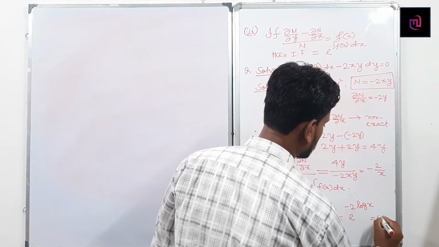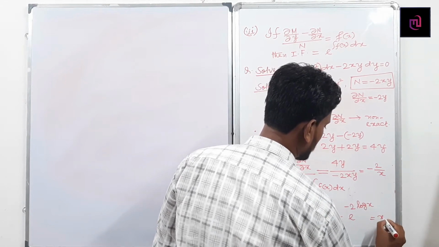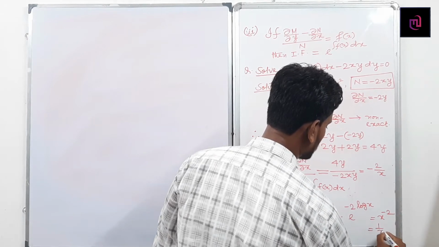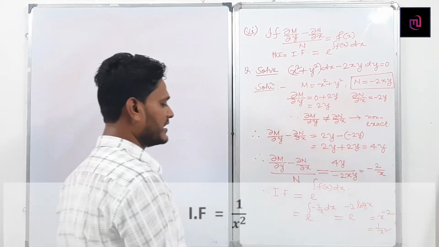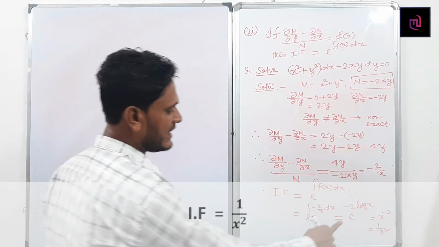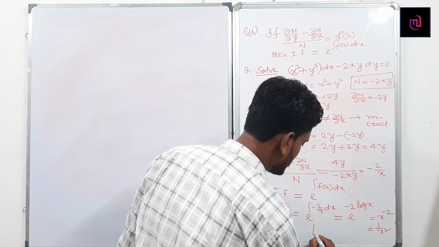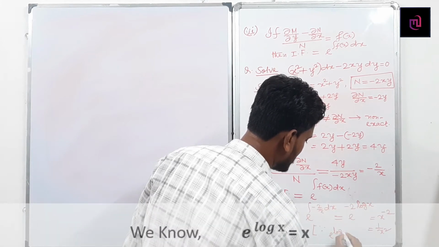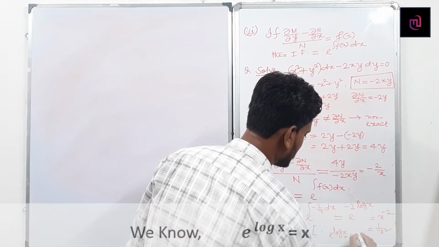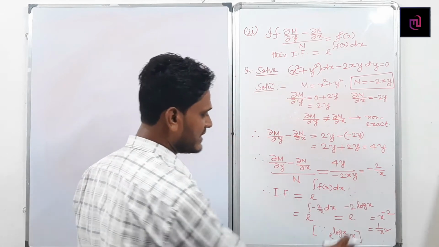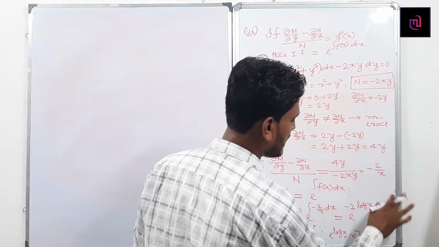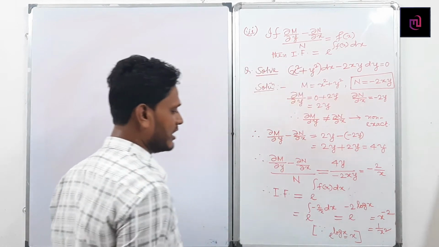So this part becomes x to the power minus 2, so finally 1 by x square. Since all of you know e to the power log x becomes x, that's why e to the power log of x to the power minus 2 becomes x to the power minus 2 using this formula.